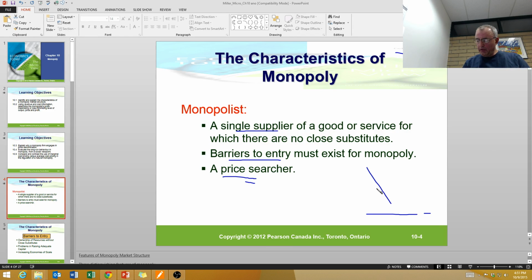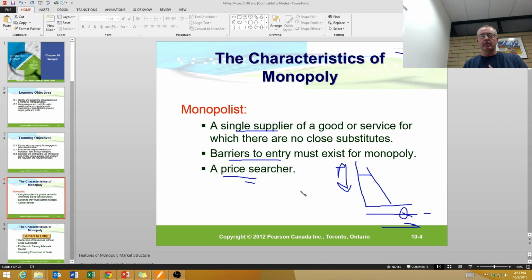So in monopoly, as the firm increases its quantity supplied, the price declines, and the monopolist has to tinker with its formula to find the optimal profit maximizing point, because both price and quantity change.